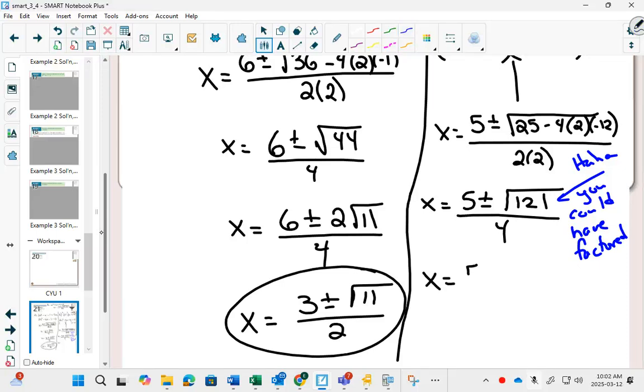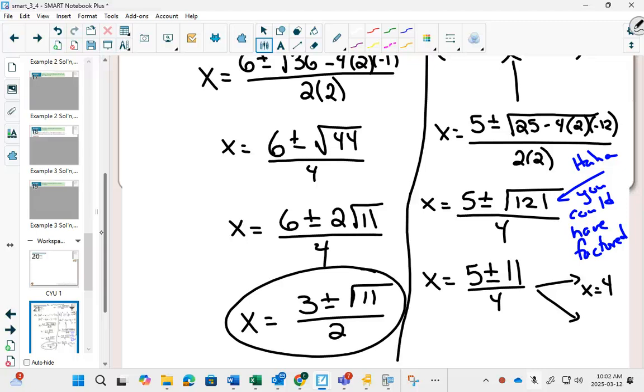It's 11, so this becomes 5 plus or minus 11 over 4, which, if you did the plus, do you see that you would get 16 over 4? Which is just 4. If you did the minus, 5 minus 11 is negative 6.